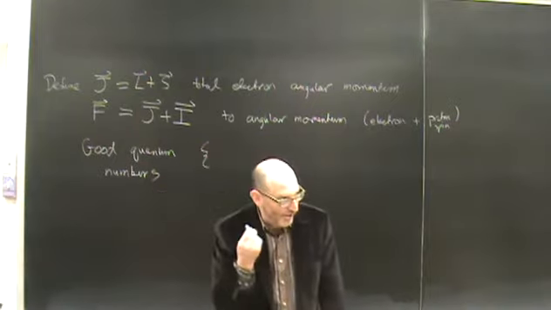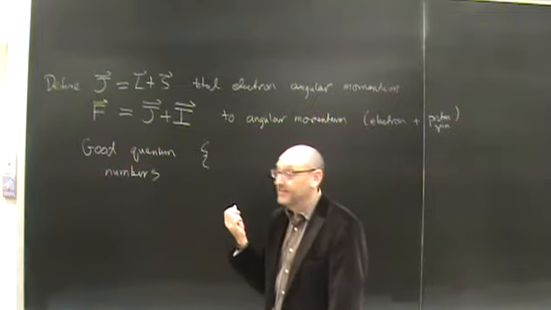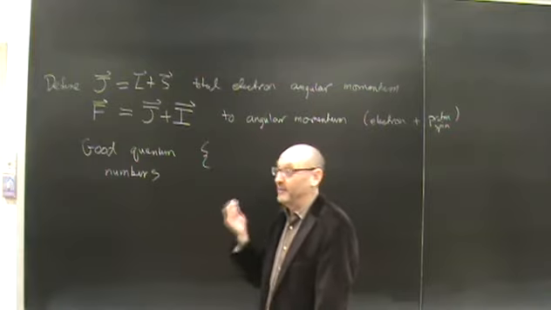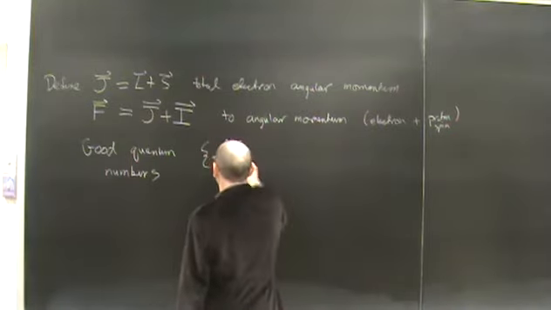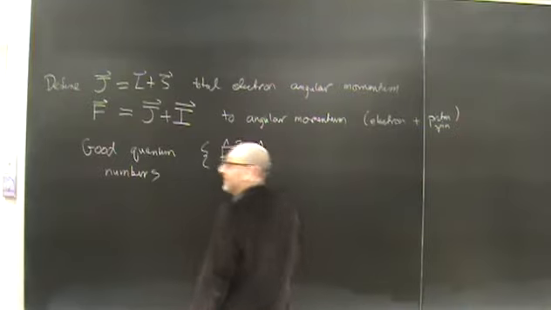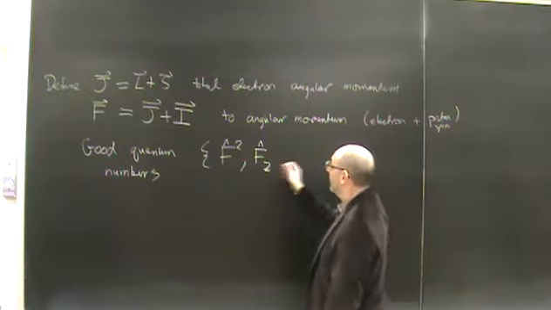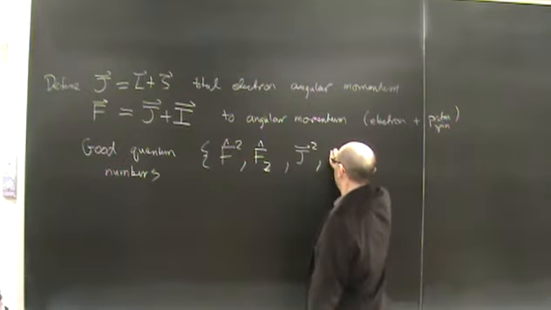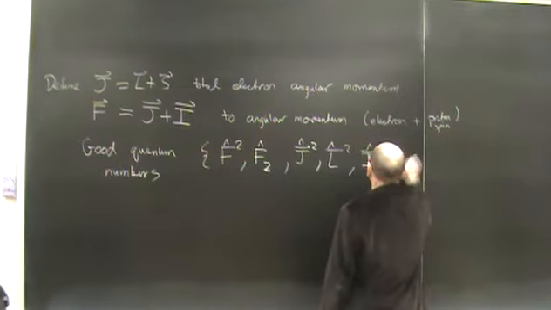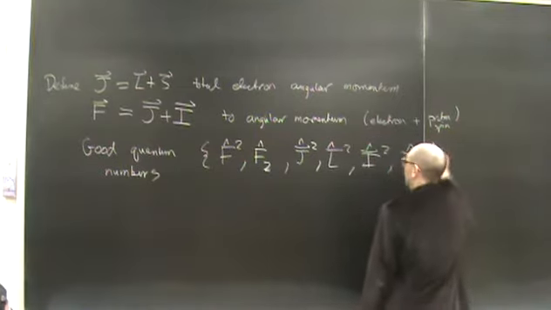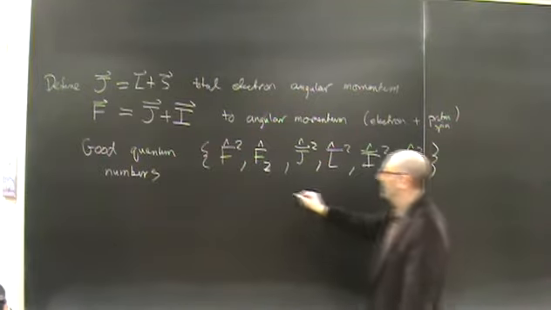The total angular momentum of the system is conserved. So what are at least good quantum numbers there? F squared and Fz. And then also we've got J squared, L squared, I squared, S squared, and that's it.